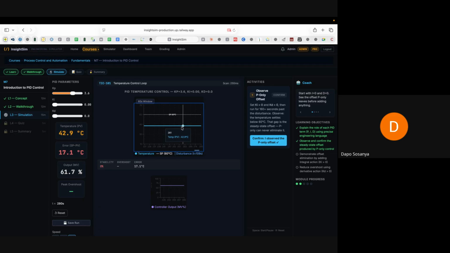So that is how P behaves. This is the SP. SP is at 60 degrees Celsius. You can see temperature is 42.9, even though set point is 60. So we have an error of 17.1 degrees Celsius, right?